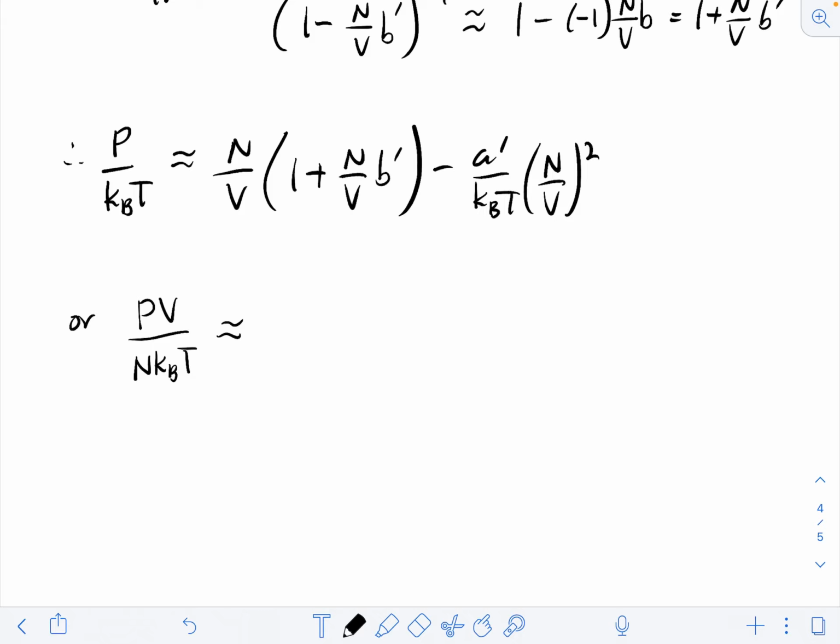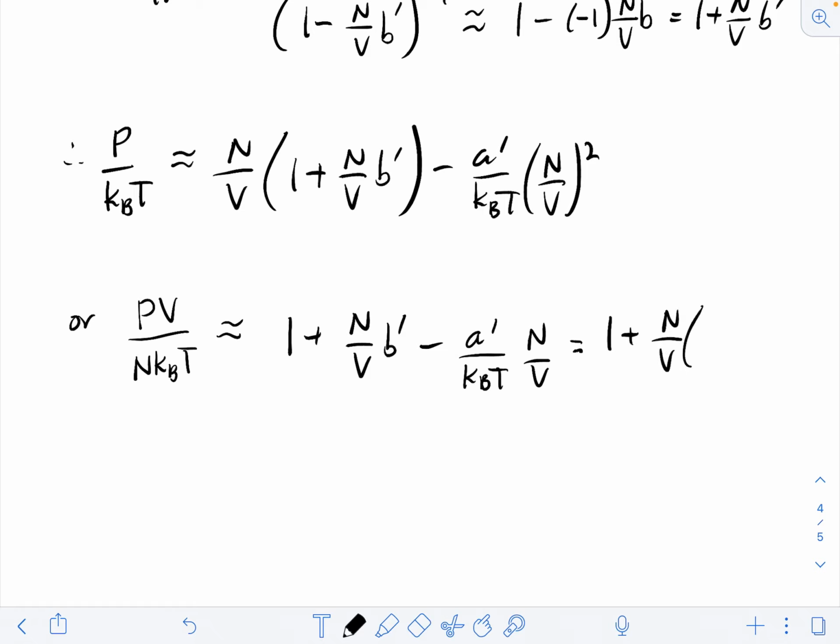So then we have PV over nkBT. If this was an ideal gas, that would be equal to 1. Okay, so now we multiply the right hand side by V over n, and we'll get 1 plus n over V b' minus a' over kBT, n over V, which is equal to 1 plus n over V b' minus a' over kBT.